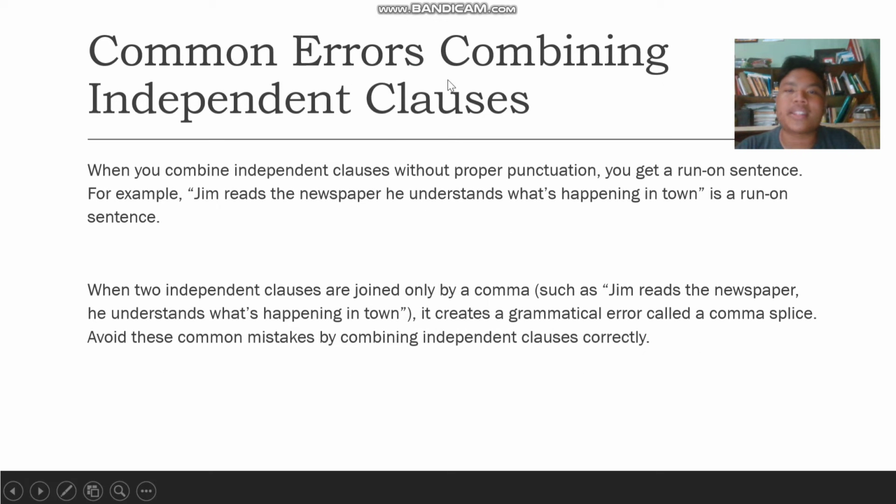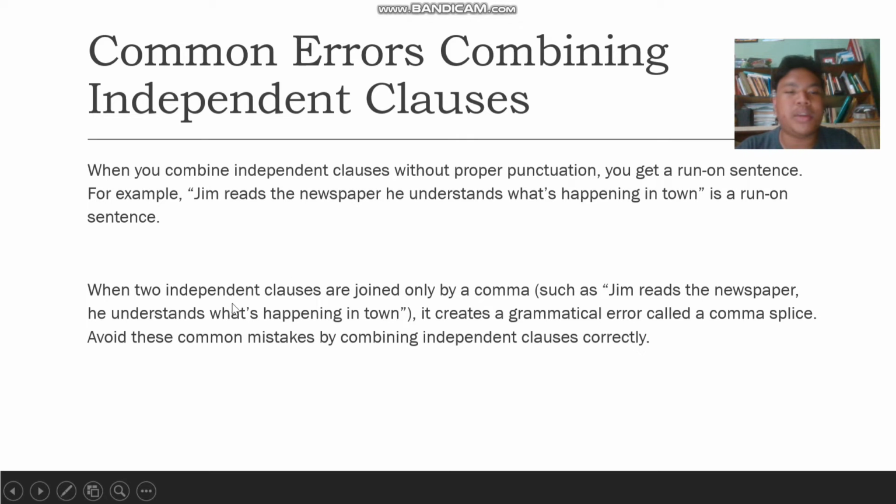Common errors when combining independent clauses: when you combine independent clauses without proper punctuation, you get a run-on sentence. For example, "Jim reads the newspaper he understands what's happening in town" is a run-on sentence.